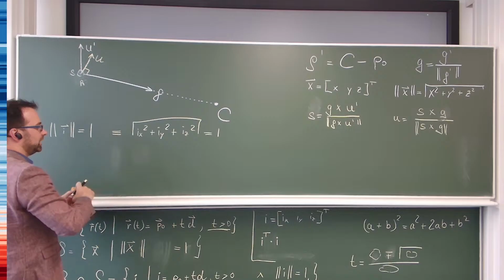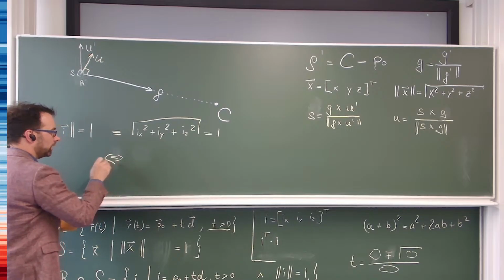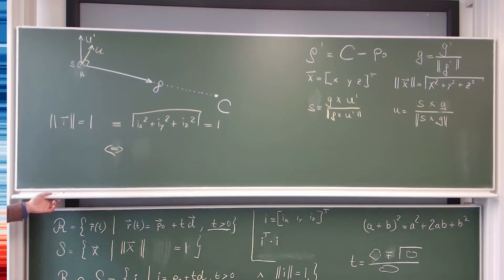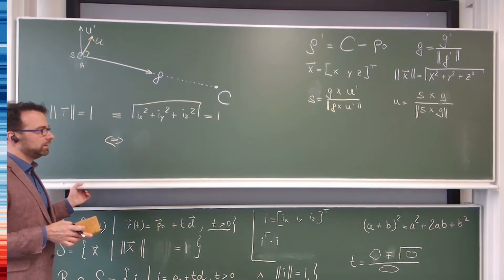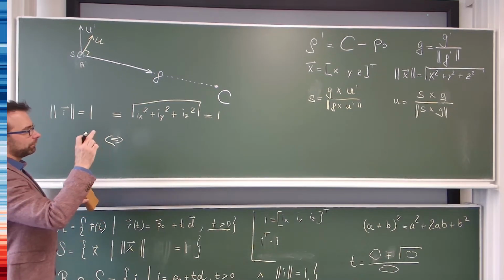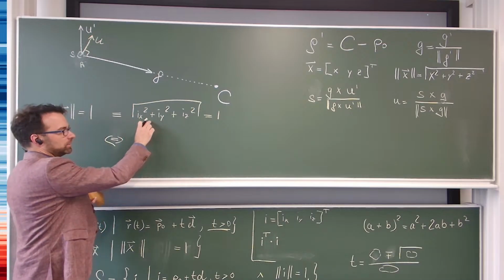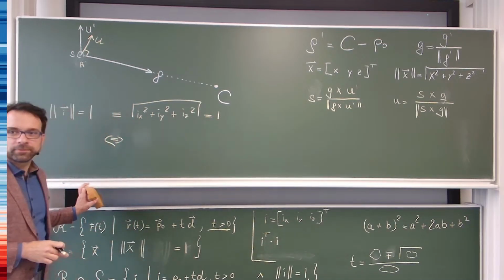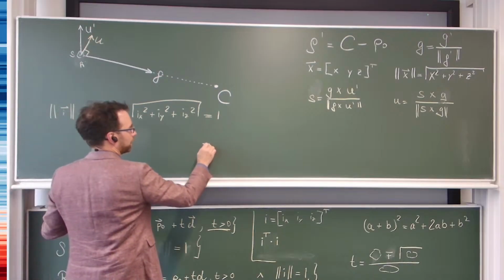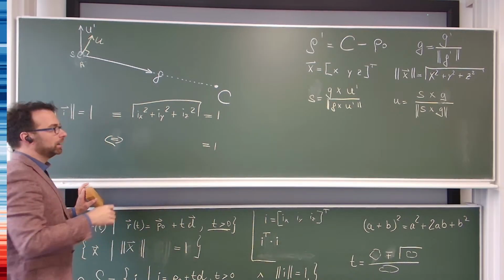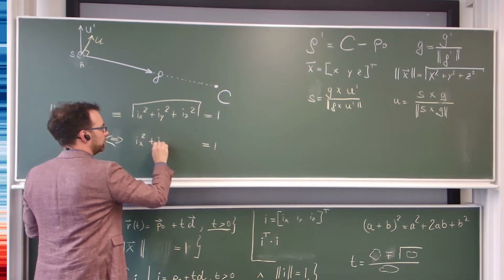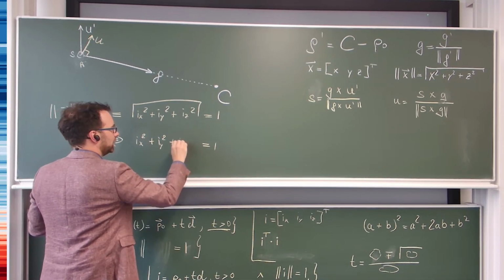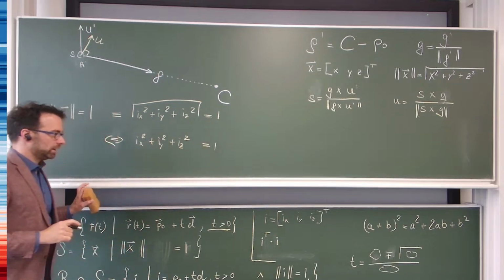That is not the same, it's an equivalent transformation. It's just reordering or finding one of the things in there. If I square this one, I need to square this one. Squaring 1 is easy. That is still 1. And this leaves me with ix squared plus iy squared plus iz squared.